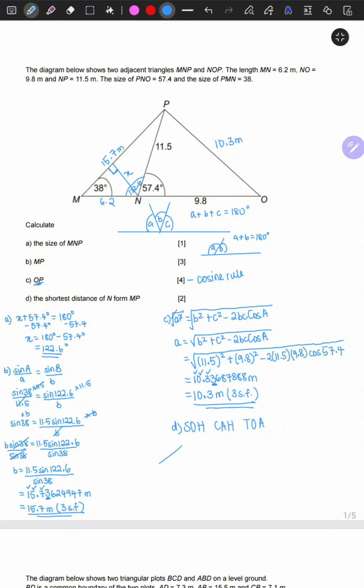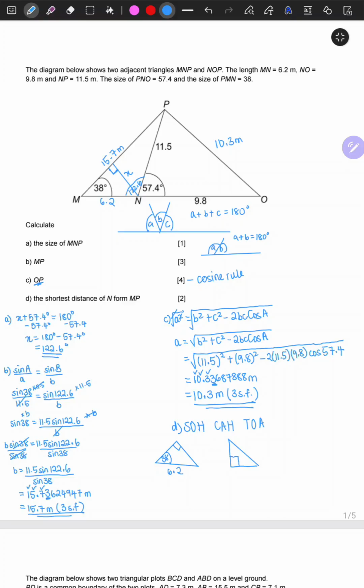So basically what we have here, we have a triangle that's going to look like this. Something like that. So we have another 38 degrees here. We have 6.2 here. So if I turn this triangle to be something like this, like a regular right angle triangle, you can do that.